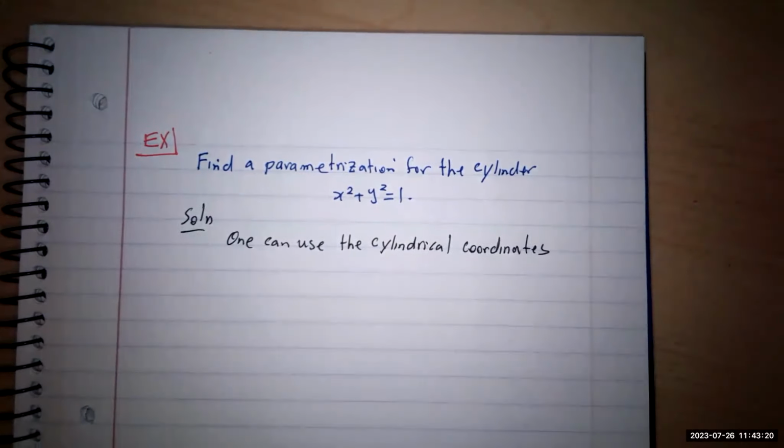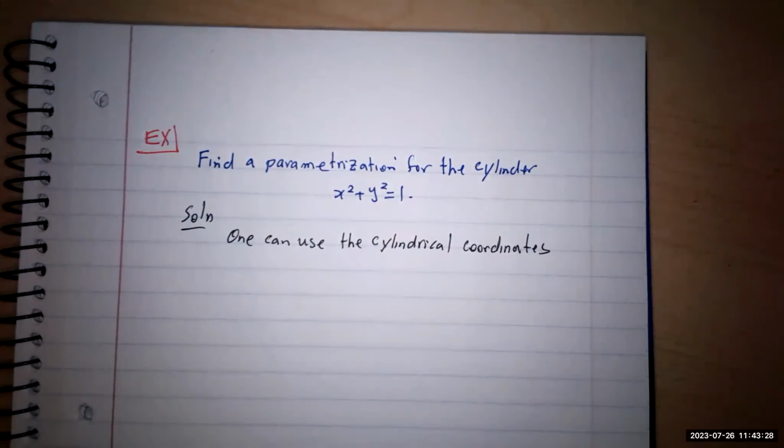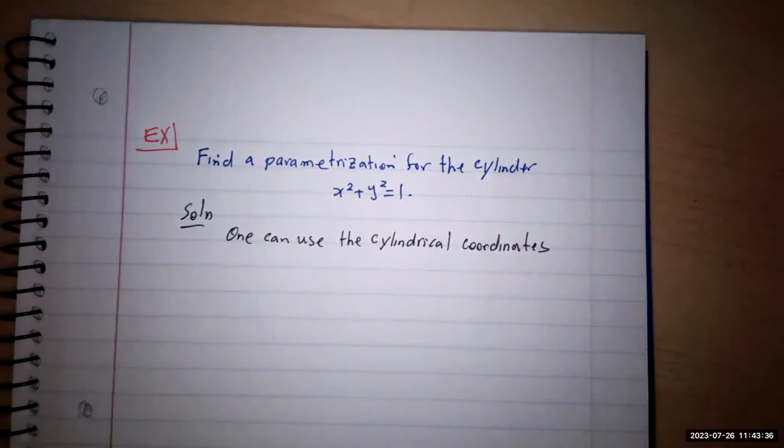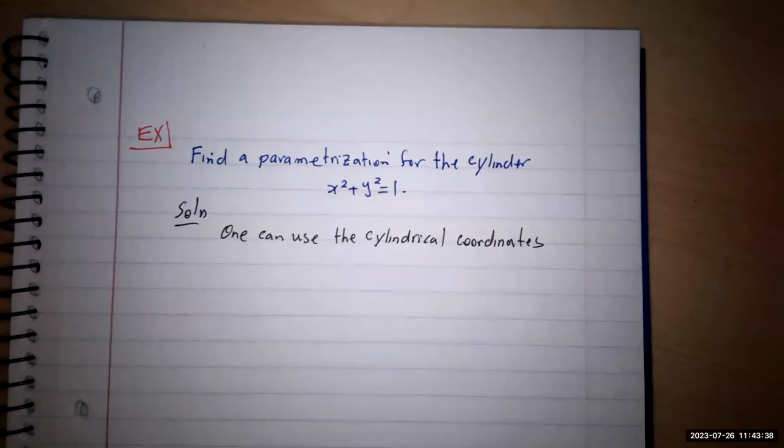So the cylindrical coordinate, remember, in two dimensions is a polar coordinate and a fixed z. In the polar coordinate, you are going to have two parameters. One of them is theta, the other one is going to be the r. So z is fixed in that case.